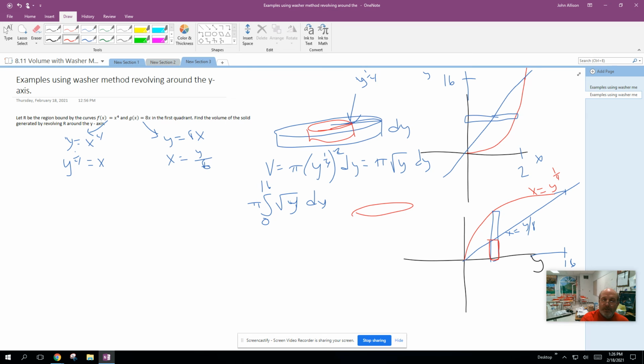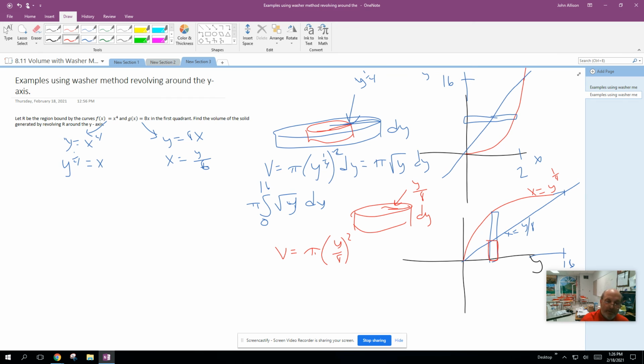I'm going to draw that disk by itself here so it doesn't get too cluttered. I need a radius. My height is still dy. The radius this time is y over 8. So the volume of one of those is pi times y over 8 squared, that's an 8, times dy.